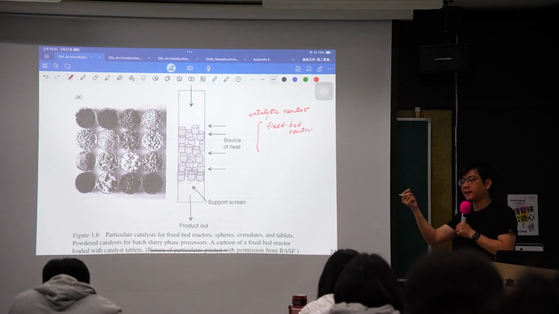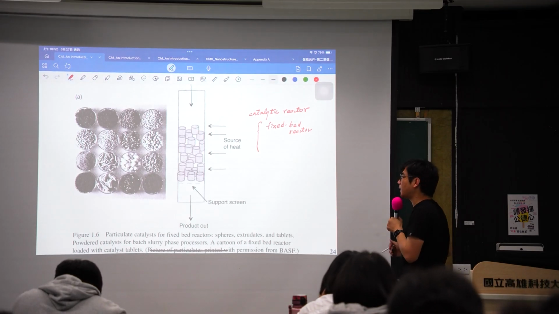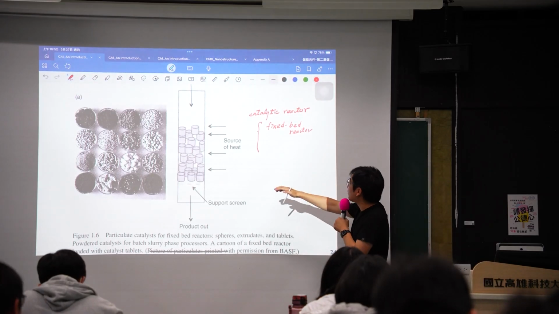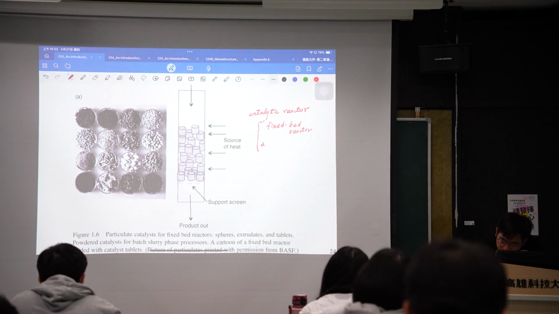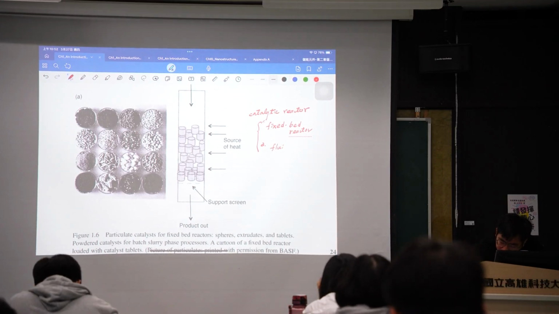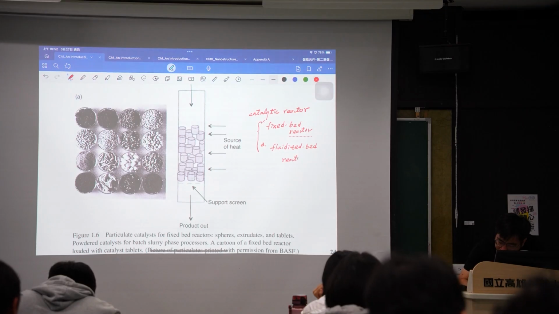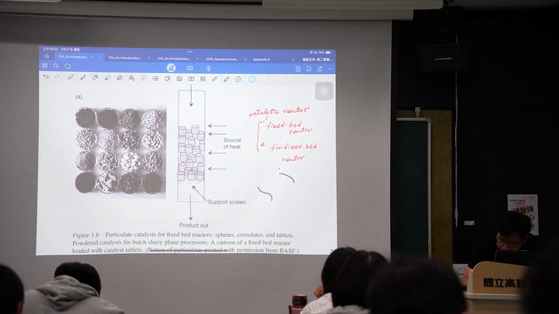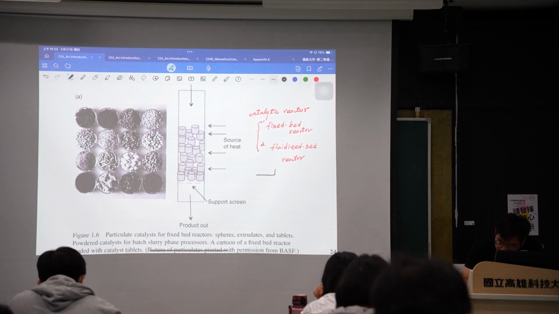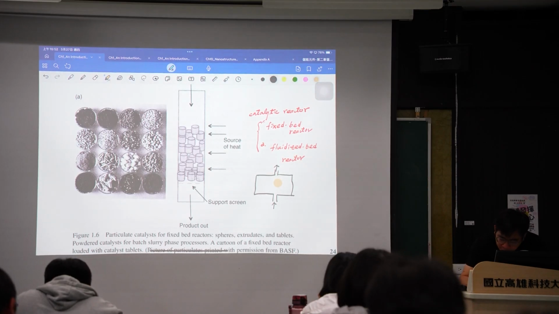Okay, the catalyst fixed somewhere, and second one is fluidized bed reactor. Okay, you have a catalyst.